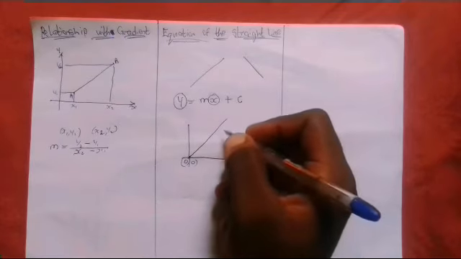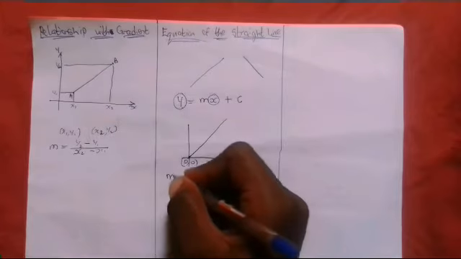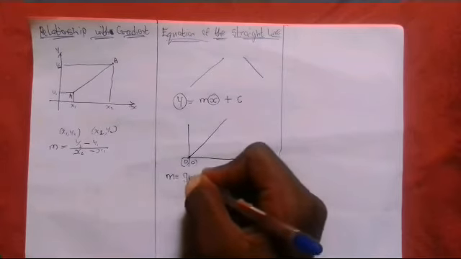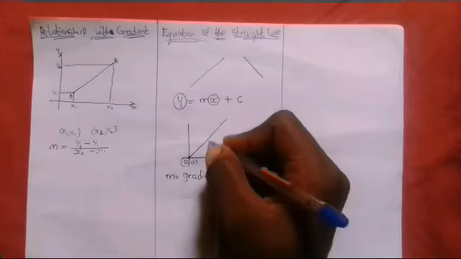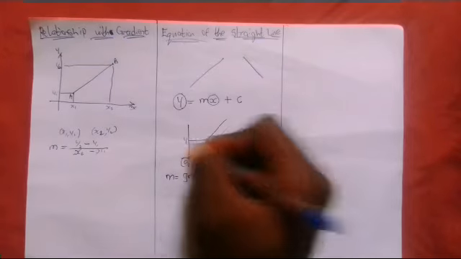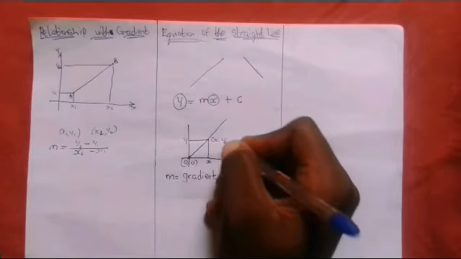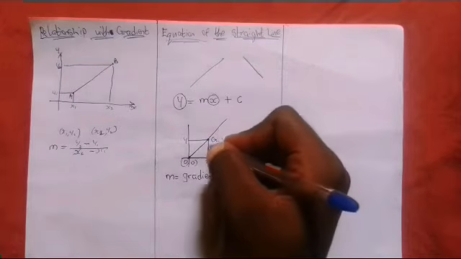But there's something else we have not known. I said m is the value of our gradient, and y and x represent any coordinate at all. This is x to y, which means that this point is a coordinate on the straight line.